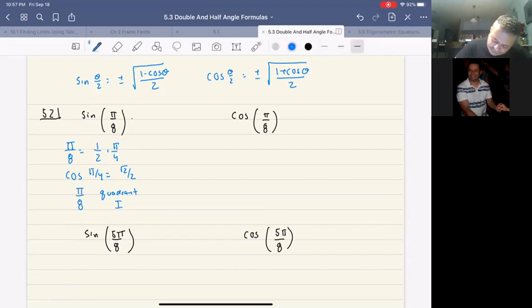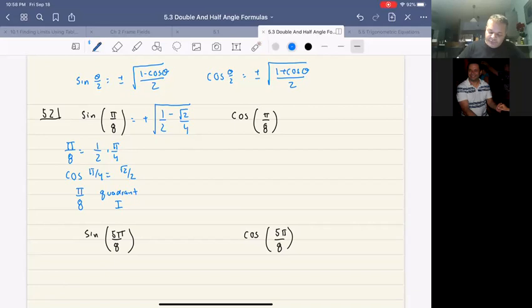So this is going to be plus, let's do this as sine for now, the square root of 1/2 minus square root of 2 over 4. Again, we're taking this 1 divided by this 2 minus the cosine of theta divided by 2.